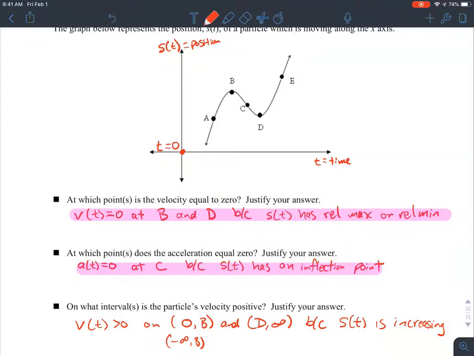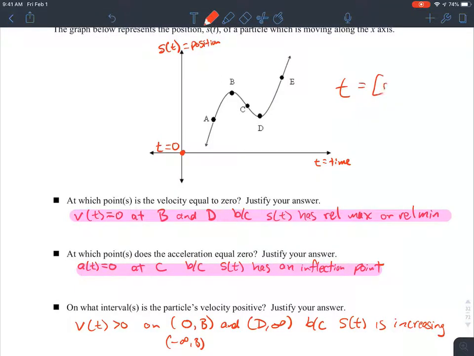So in most cases, there could be some exceptions, but in most cases, our domain for this is going to start at 0 and go to a number or infinity. It would probably include the number. Anyhow, that's why that's not negative infinity to b.